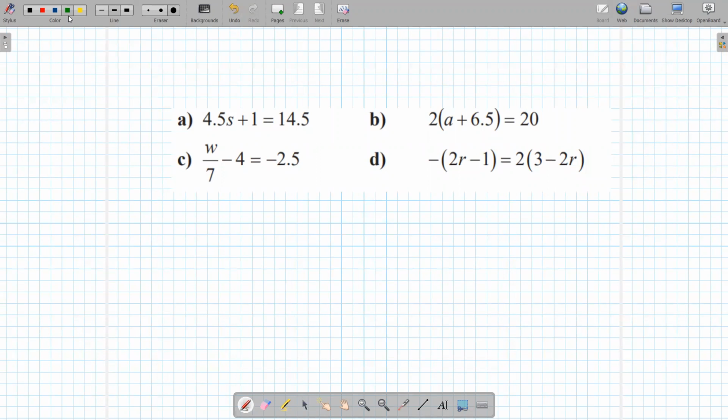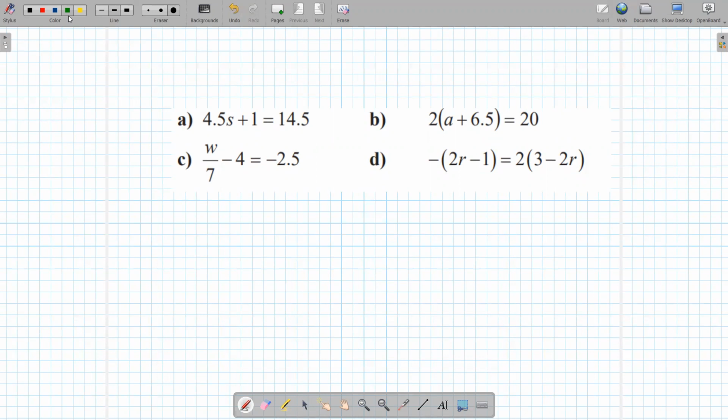Like for A, how do you solve this for S? It's a very simple linear equation. You subtract 1 and divide by 4.5. Easy as that, right? What about B? What's the first step? What's the second step?